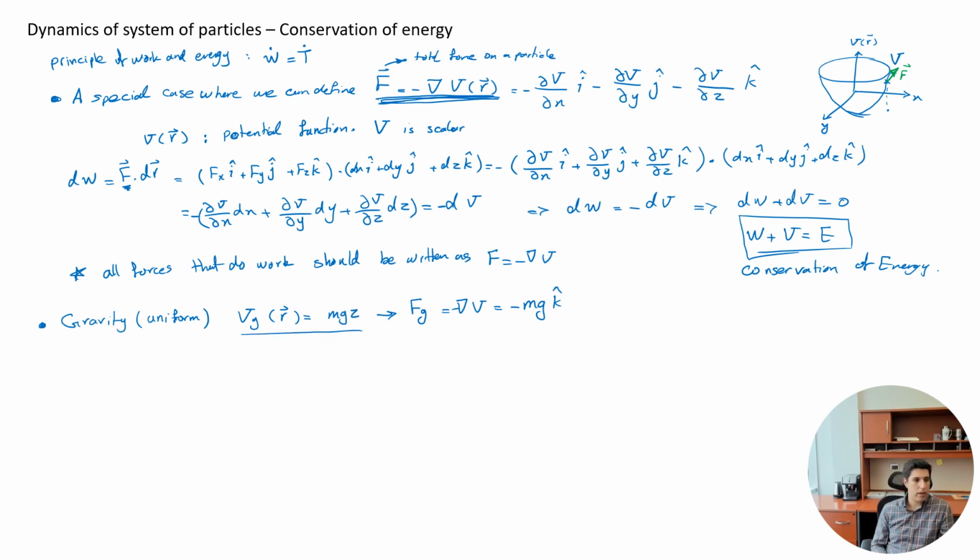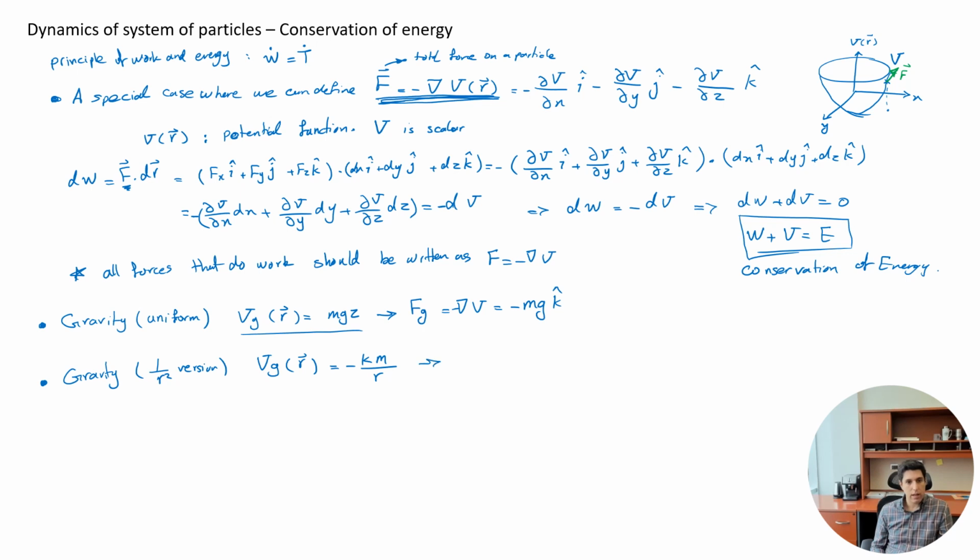Similarly, for gravity in an inverse squared version, I can write the potential function as a function of position to be minus k m over r, some distance from the center of that gravity, the center of the mass.